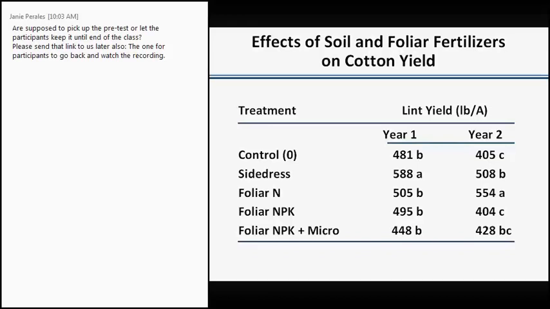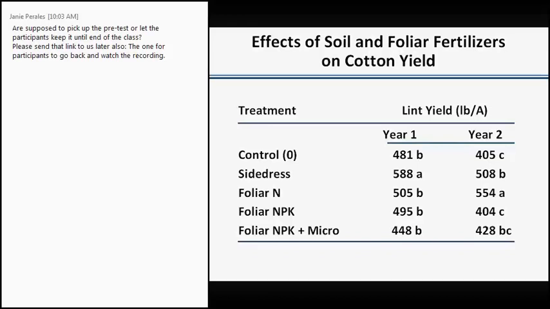Where we put foliar nitrogen on, the second year we actually got a boost in the amount of yield as compared to anything else. But you notice that foliar application of N, P and K actually gives us a reduction in our yield for the most part, especially in year 2.